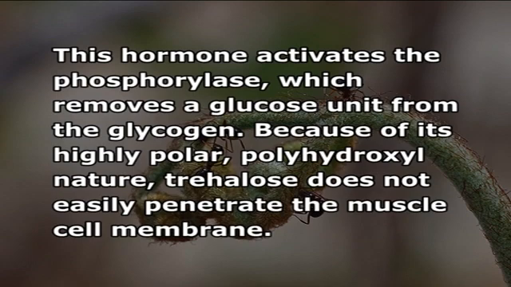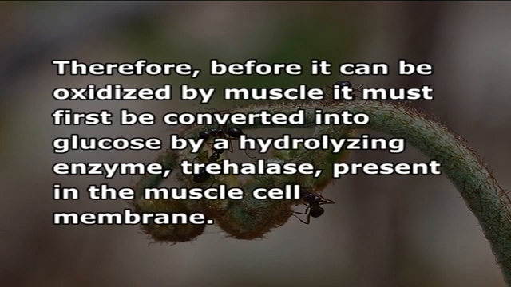This hormone activates the phosphorylase, which removes a glucose unit from the glycogen. Because of its highly polar polyhydroxyl nature, trehalose does not easily penetrate the muscle cell membrane. Therefore, before it can be oxidized by muscle, it must first be converted into glucose by a hydrolyzing enzyme, trehalase, present in the muscle cell membrane.